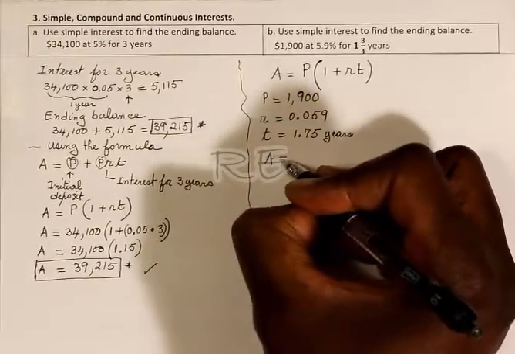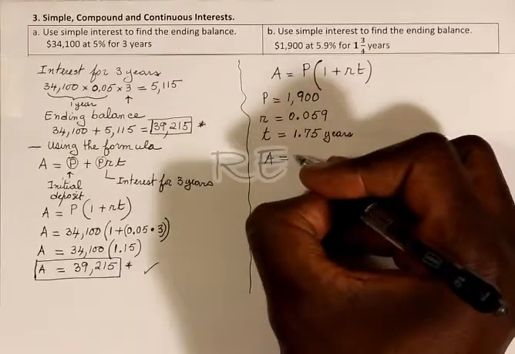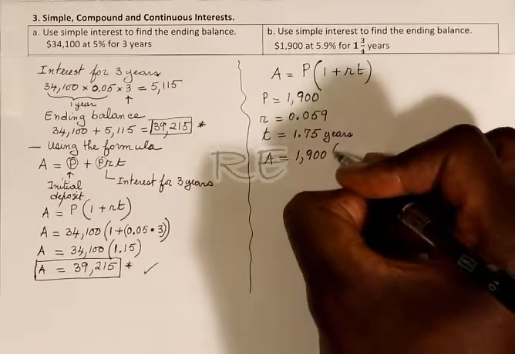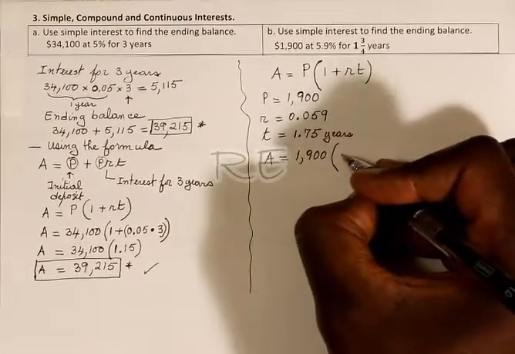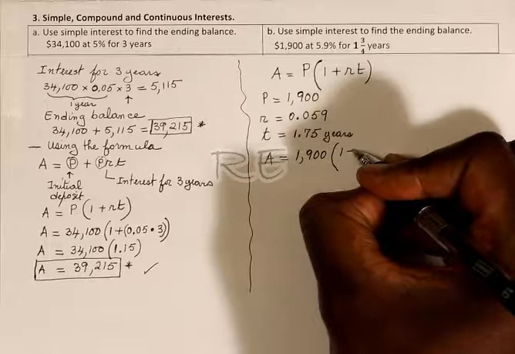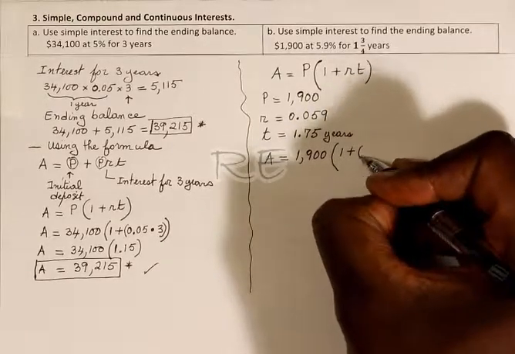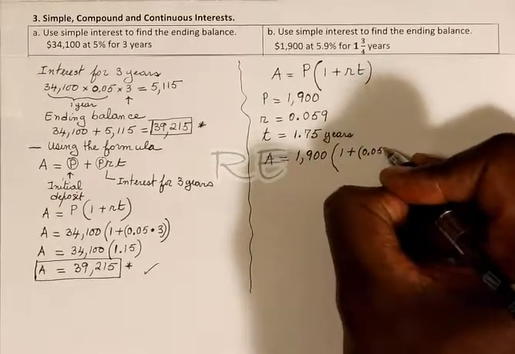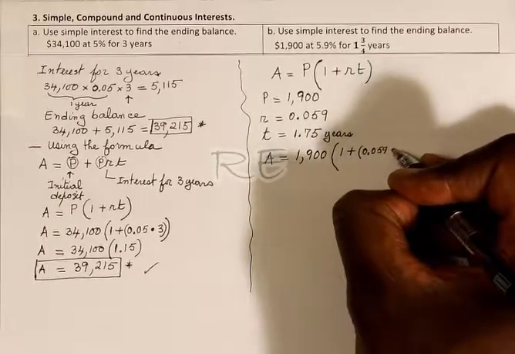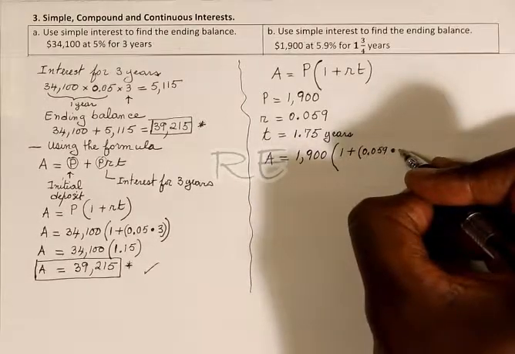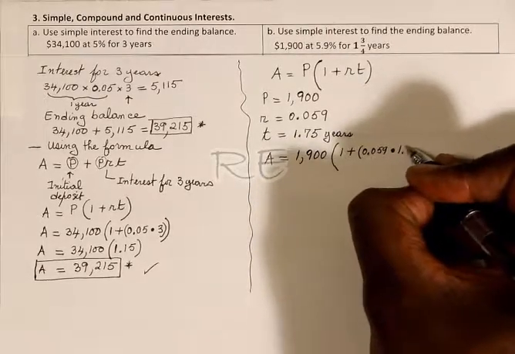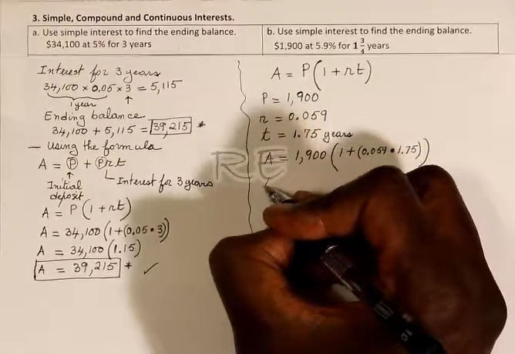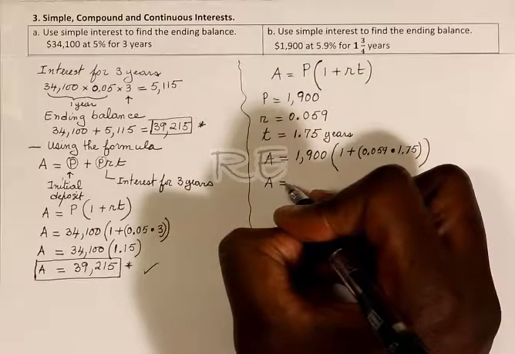And now, using substitution, 1,900 times 1 plus, open parenthesis, 0.059 times 1.75, close parenthesis and close the first parenthesis.